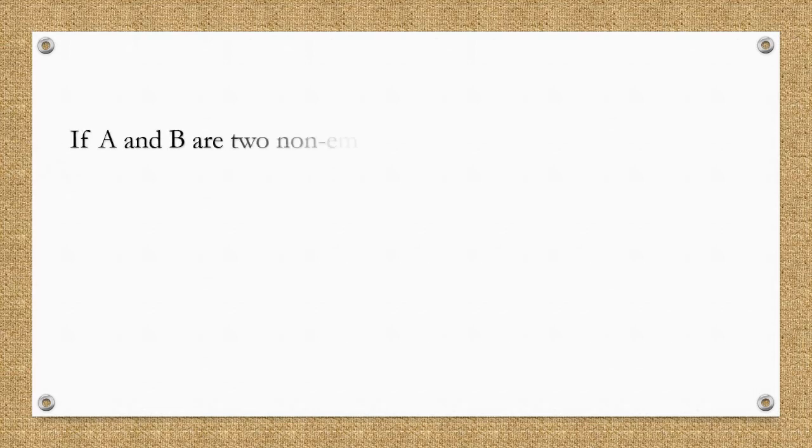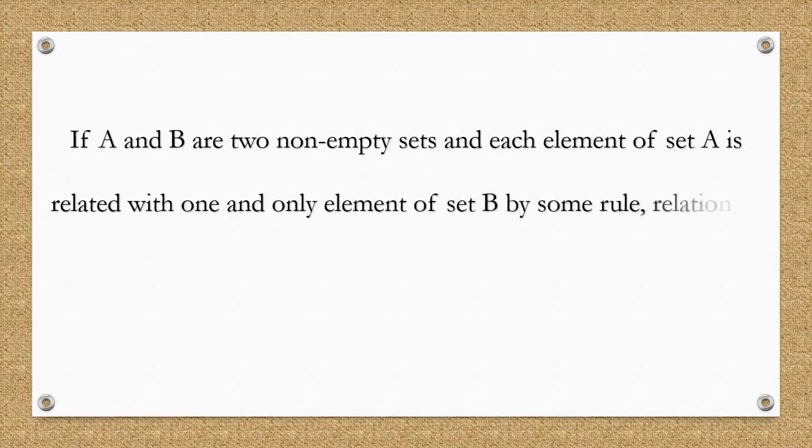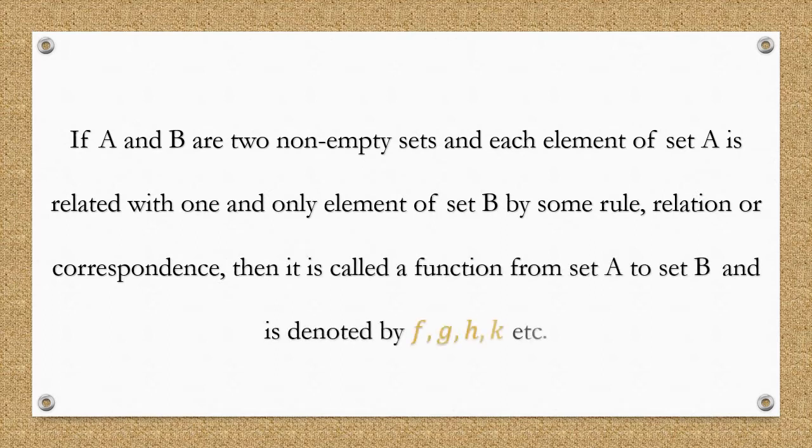If A and B are two non-empty sets and each element of set A is related with one and only one element of set B by some rule, relation or correspondence, then it is called a function from set A to set B and it is denoted by f, g, h, k, etc. Now, I think that many students found this concept difficult to understand.